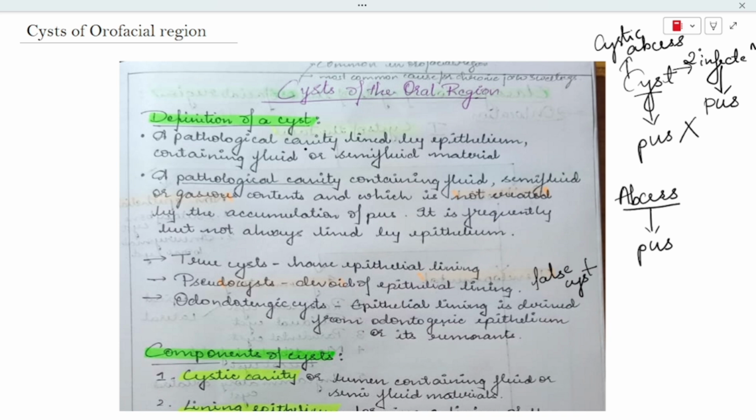We all know odontogenic epithelium consists of inner enamel epithelium, outer enamel epithelium, dental lamina, and Hertwig's epithelial root sheath, and its remnants. Dental lamina remnants are called cell rests of Serres, whereas remnants of Hertwig's sheath are called cell rests of Malassez. I think this is clear regarding the cyst.